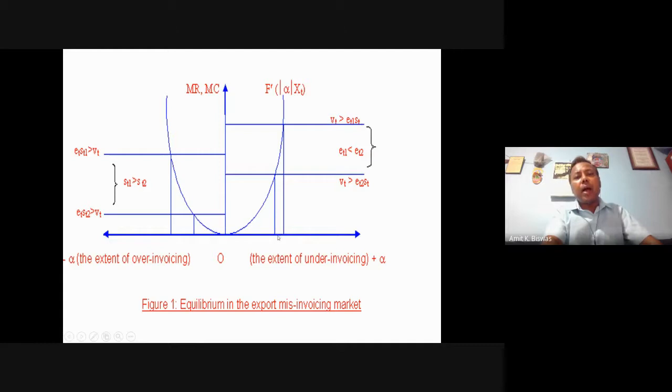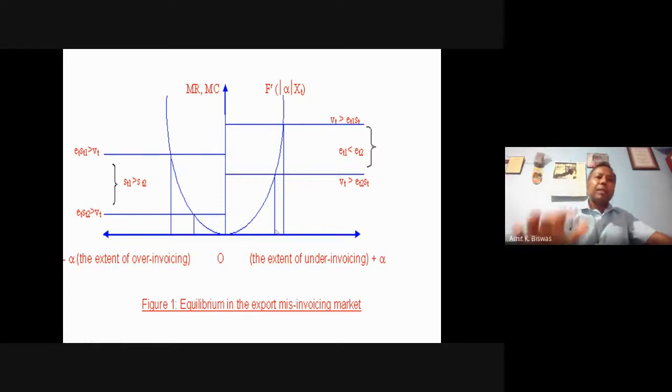As black market premium falls, your underreporting falls. You see, previously you were underreporting this much, now you are underreporting that much. So this corroborates the results of the partial derivatives that we had in our hand. This is the right hand side of the story.